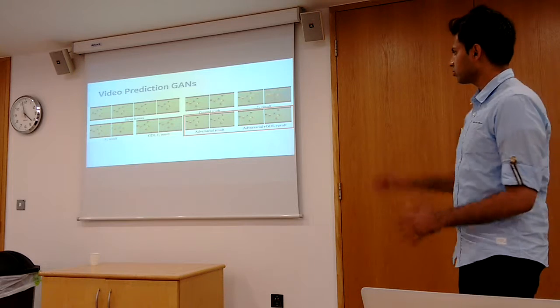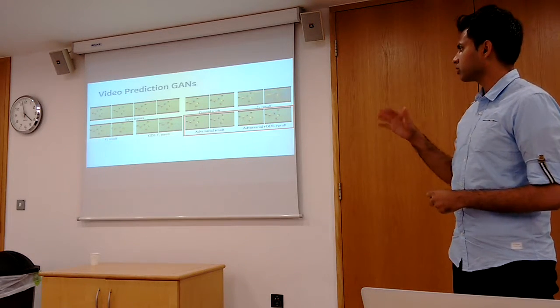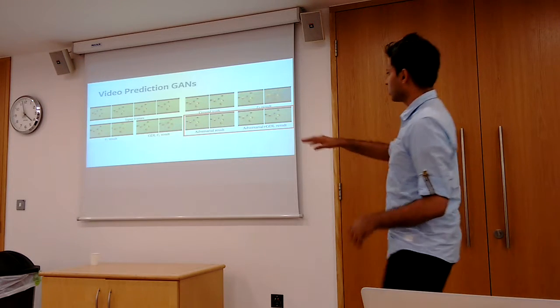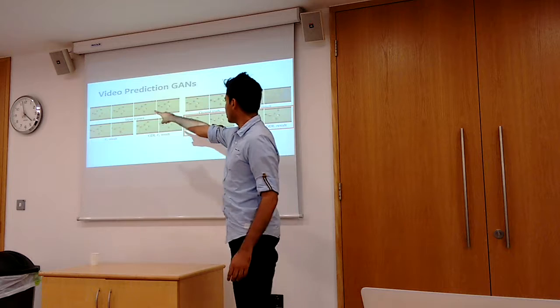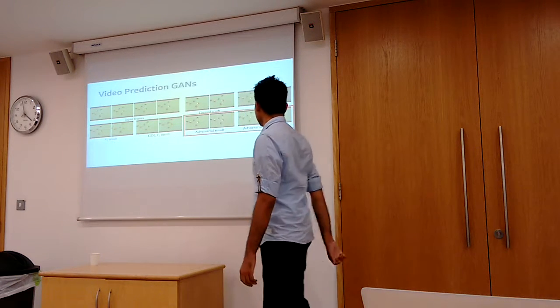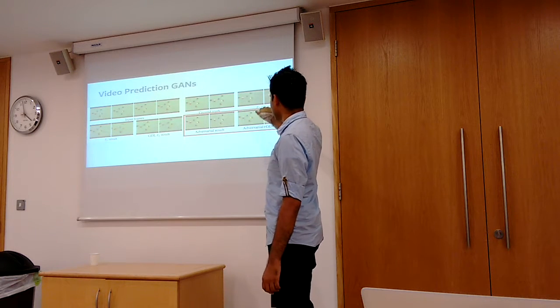And one picture showing a few results. You can look at more results in the paper. But if you see, these are the input frames, the 4 input frames to the network. This is the ground truth on what happens next. If you just use an L2 loss purely, it starts giving really blurry predictions.